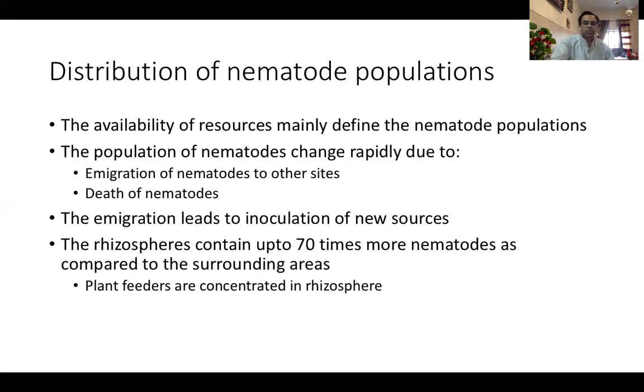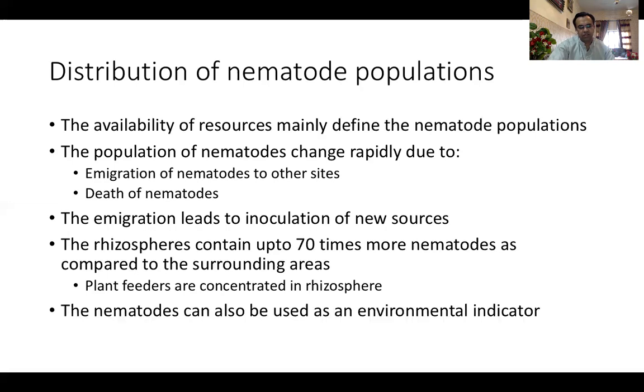These nematodes are higher in this area because of high availability of nutrients. Another thing is that the type of nematode population available in the rhizosphere is known as plant feeder.